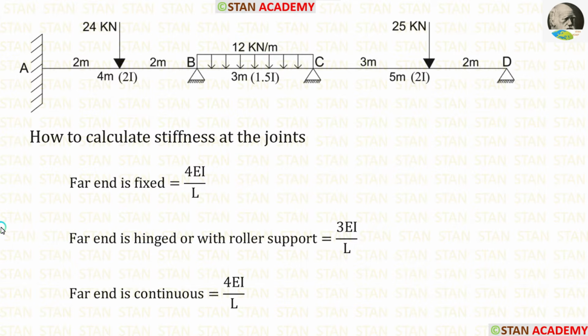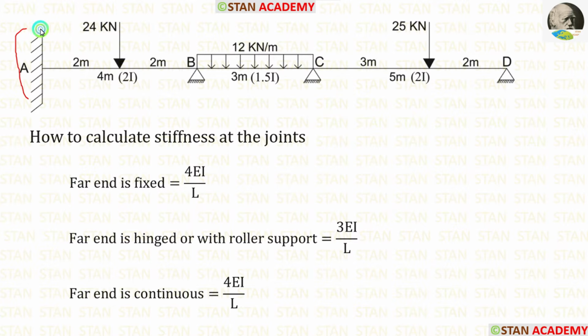We have to find the distribution factor only in the joints because at the ends we can easily say the distribution factor. In the fixed ends, the distribution factor will be 0, and in the roller supported and hinged ends, the distribution factor will be 1.